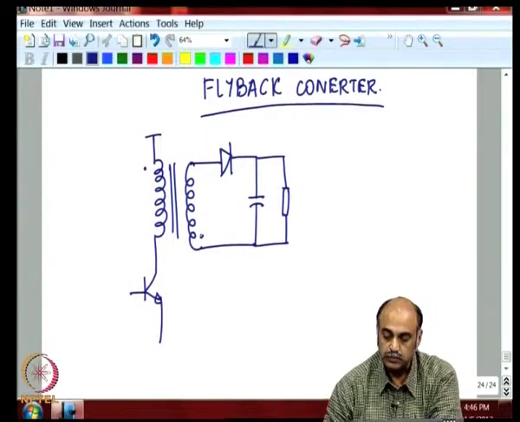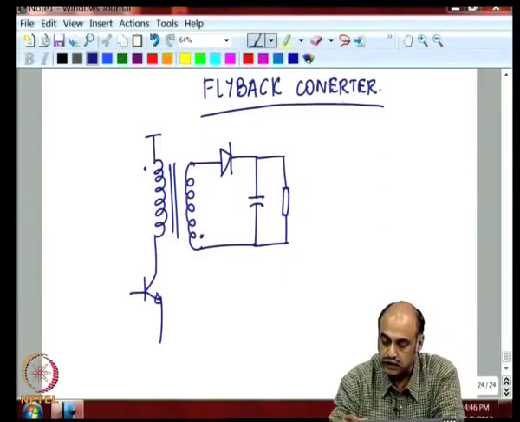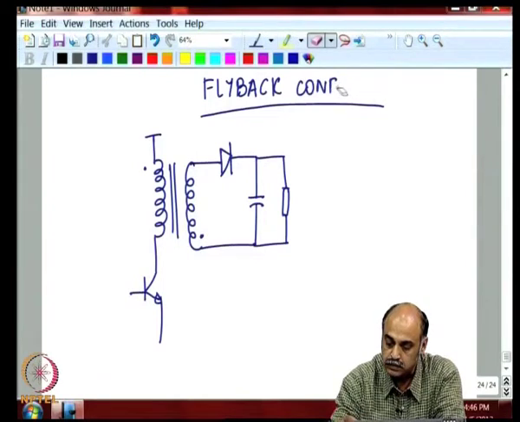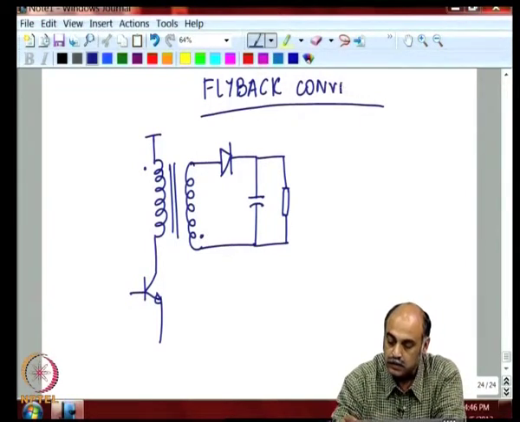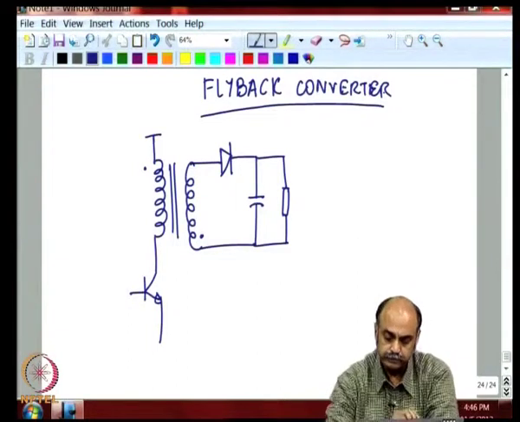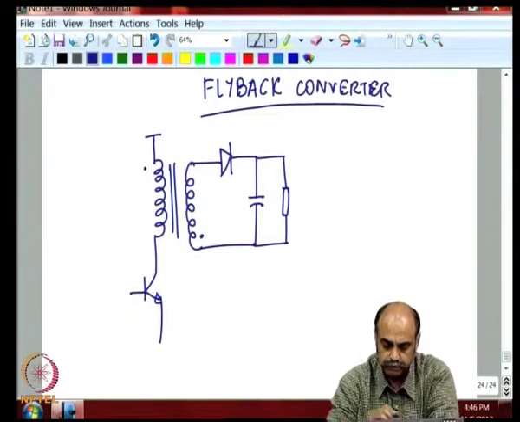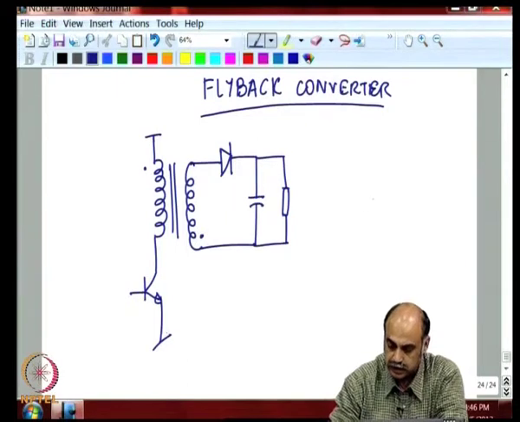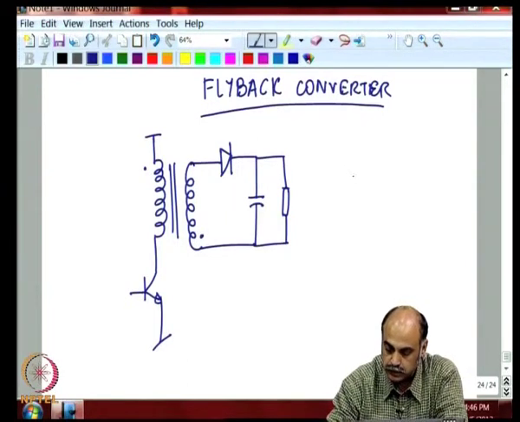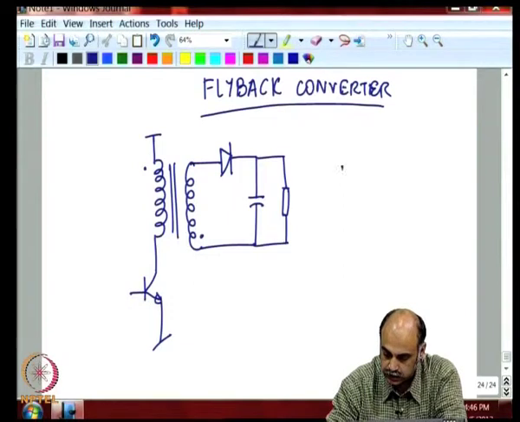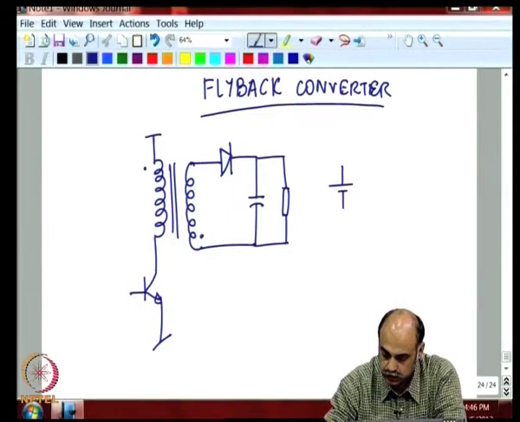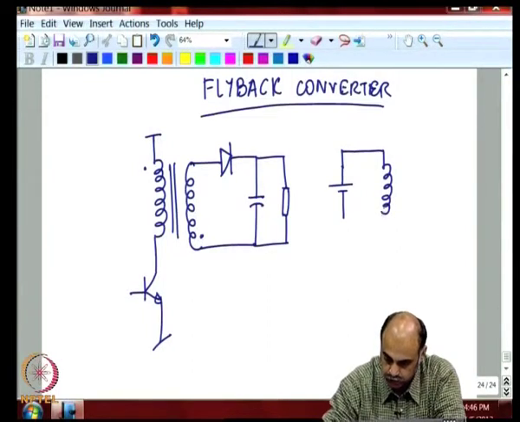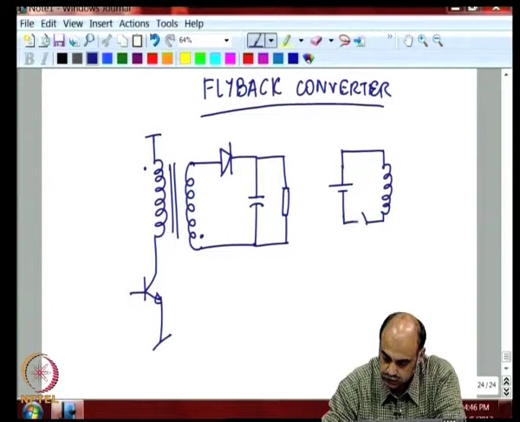So, how you go about this converter? Now, you see the similarity. If you are using a non-isolated buck boost, you would have done it like this.